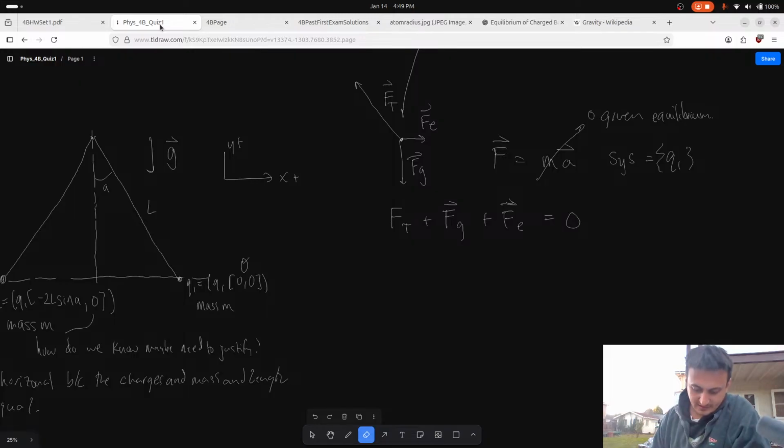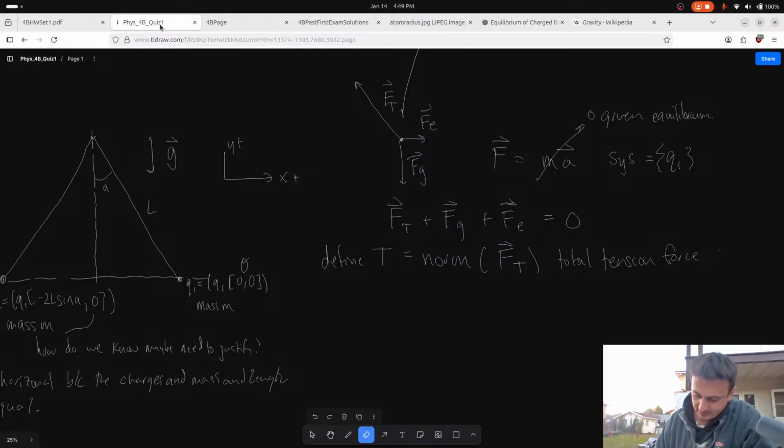Okay, now we kind of get into some of the physics. First, I'm going to define T is equal to the norm of FT, total tension force.